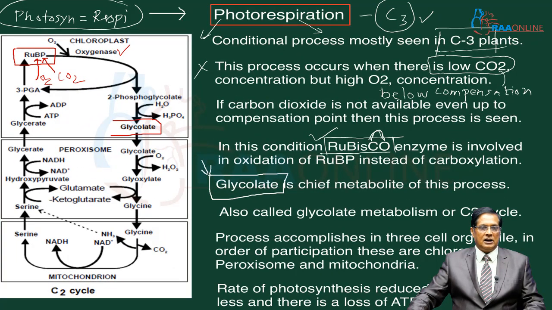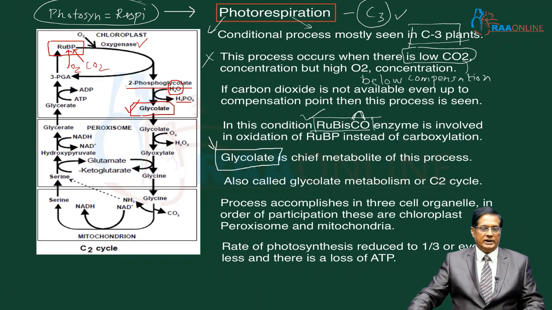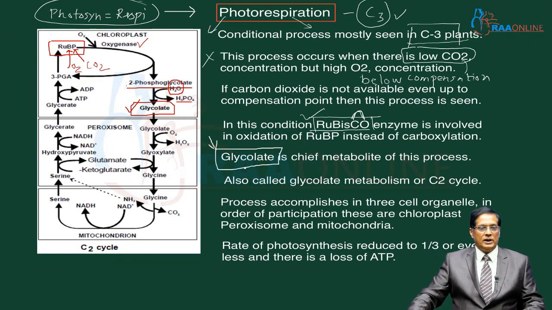As a result of oxidation of RUBP, first of all, 2-phosphoglycolate is generated. It loses its phosphate to water and is converted into glycolate. So, glycolic acid or glycolate, a C2 compound, is the chief metabolite.